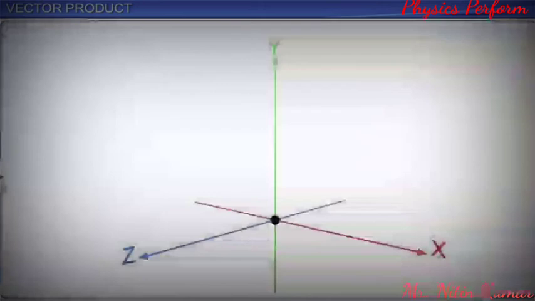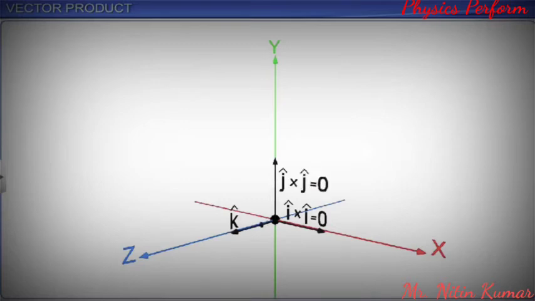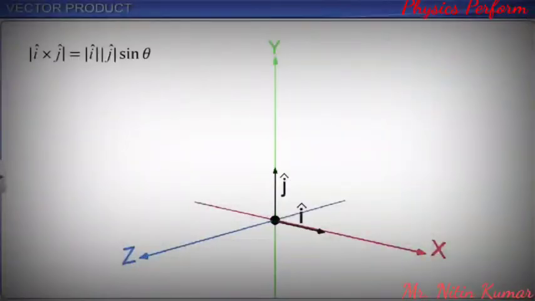If we consider unit vectors i, j and k along the three given axes, then i cross i is equal to 0. Similarly, j cross j and k cross k are also equal to 0. The vector product of i and j is equal to the product of the magnitudes of i and j and the sine of the angle between them, which is 90 degrees.